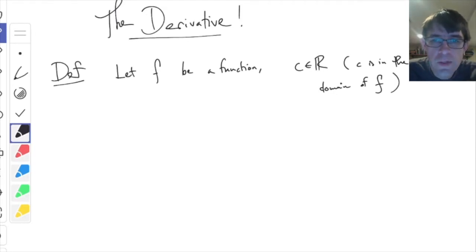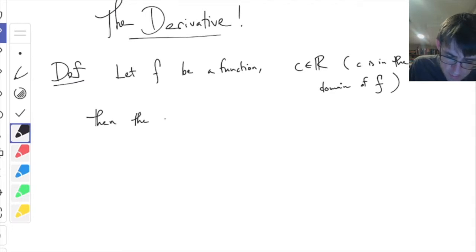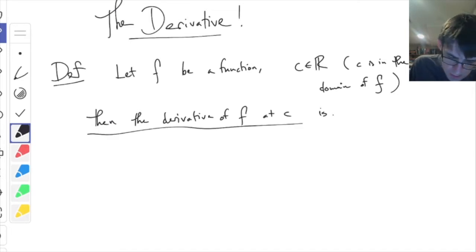I want to talk about the derivative of f at c. So this is what I'm defining. The derivative of f at c is this. We write it as f prime of c, as always, and it is defined to be the limit.